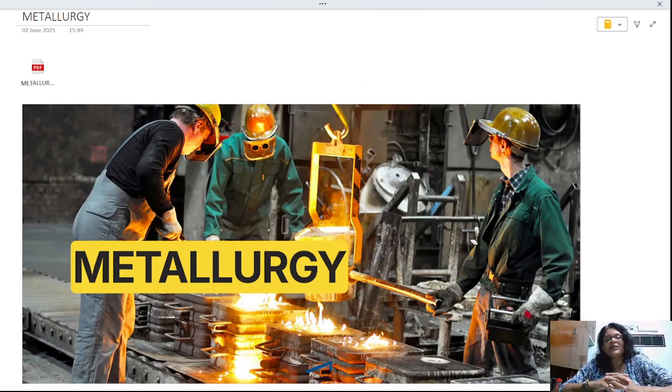Now we have reached another branch of chemistry which deals with the extraction of metals. For daily life use, if you get up in the morning, you will be going to the washroom and opening a tap, right? To wash our face, brush our teeth and all.